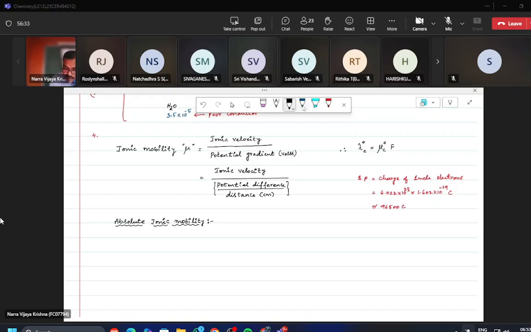So absolute ionic mobility is the speed of an ion in centimeter per second at infinite dilution when there is a potential gradient of 1 volt per centimeter.